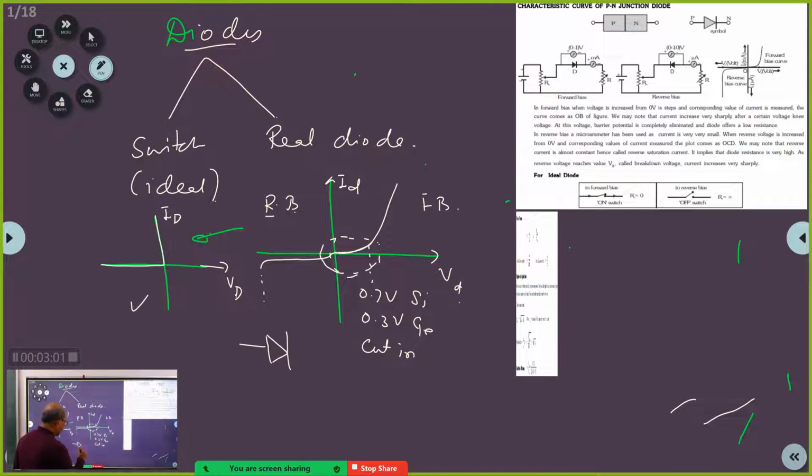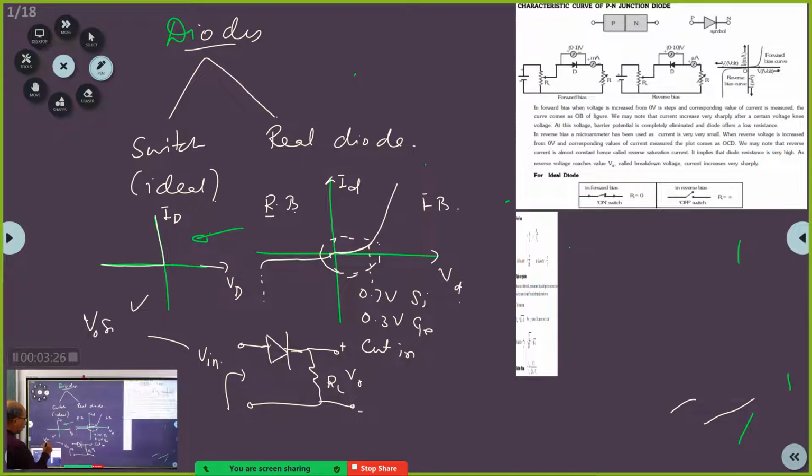This was the load RL, this is the output VO, and here you are feeding VIN. VIN is Vo sin omega t.